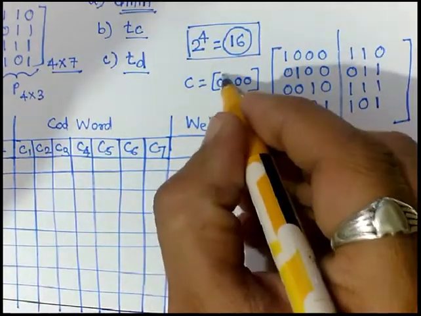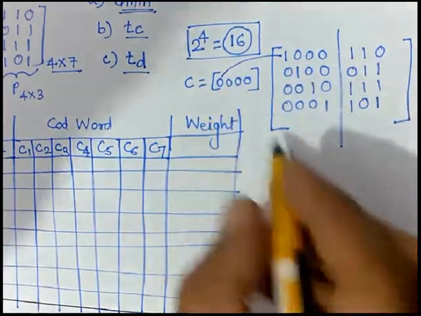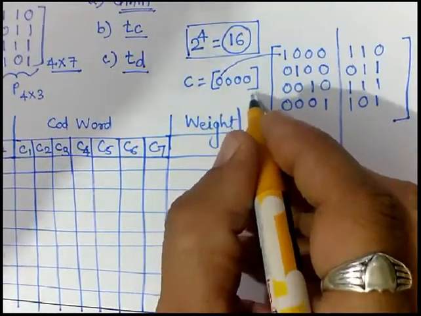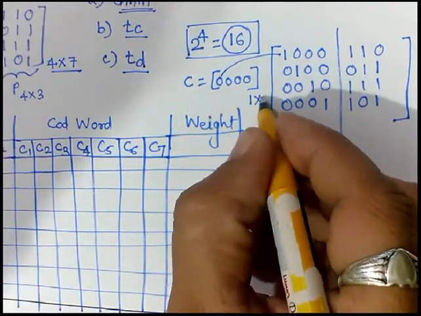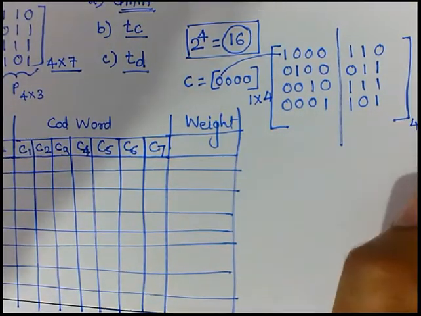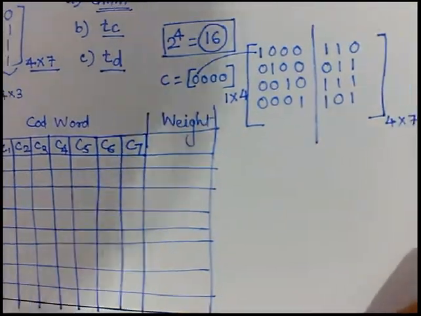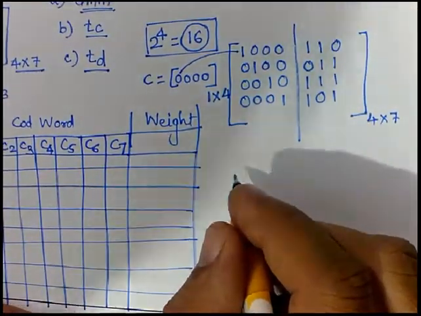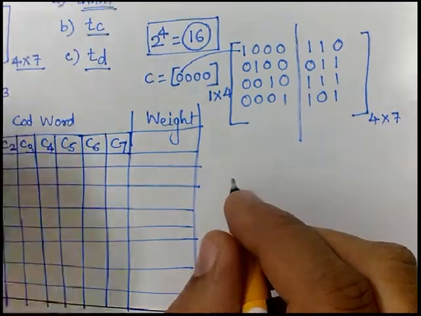So let's multiply it one by one. You can observe here that this is 1 by 4 and this one is 4 by 7. So the output we expect is 1 by 7, meaning a total of 7 bits will be there at the output.